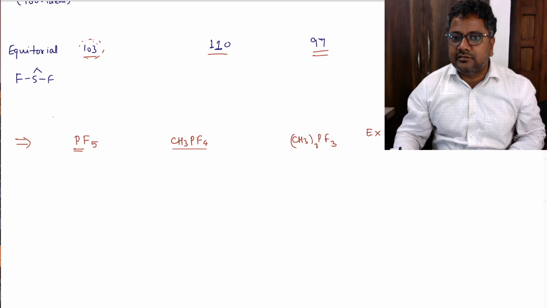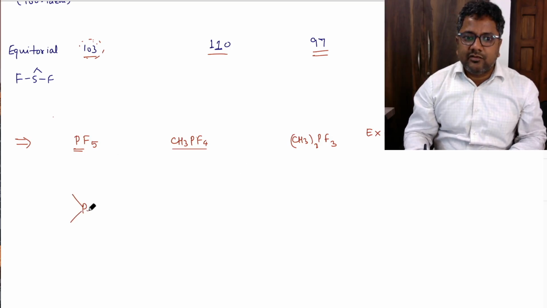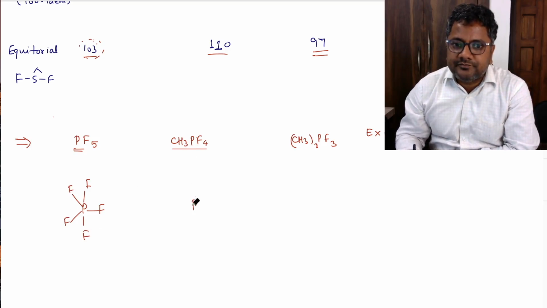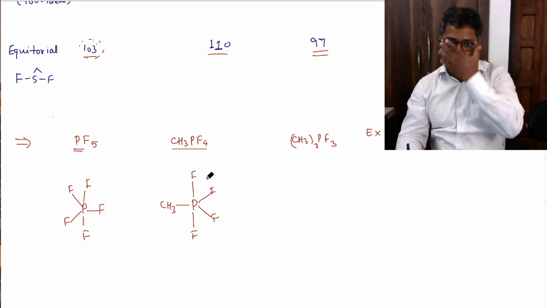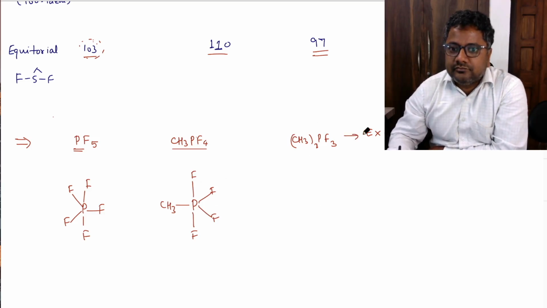Exception. What is the exception? See, this is trigonal bipyramidal. Since all fluorines are the same, they will occupy like this. But here one methyl group is less electronegative, so this should be equatorial, and fluorine should be axial as per Bent's rule. So this structure is okay, no problem. But in this there is a problem.